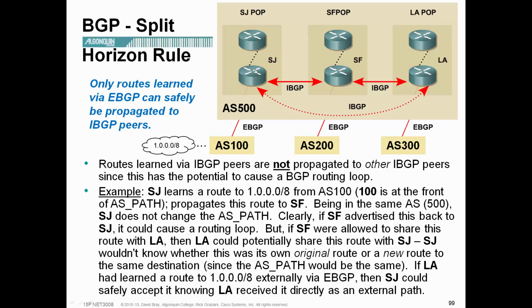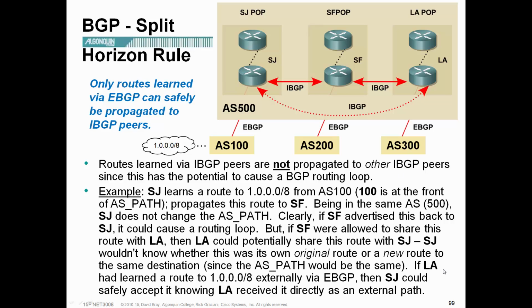SJ wouldn't know whether this was the original route that it got and propagated through AS500, or whether it was a new one somehow that LA had learned, if this internal to internal advertising were allowed. So the split horizon rule stops that.